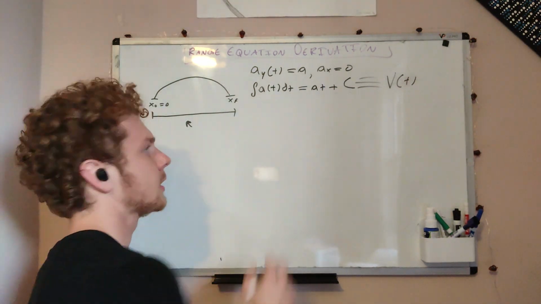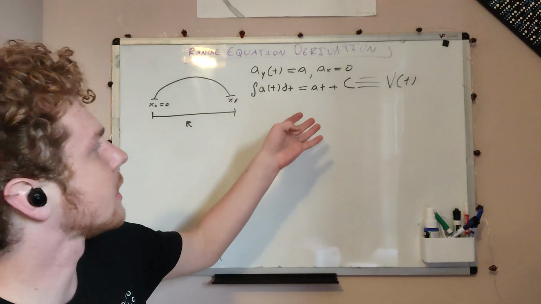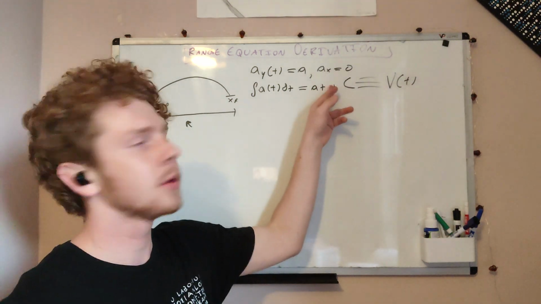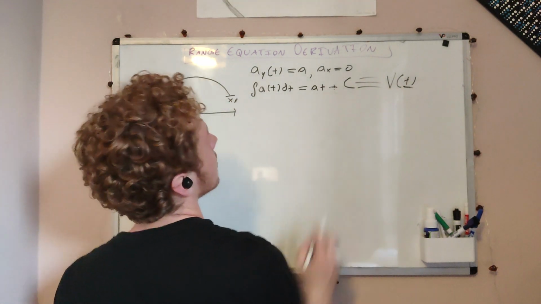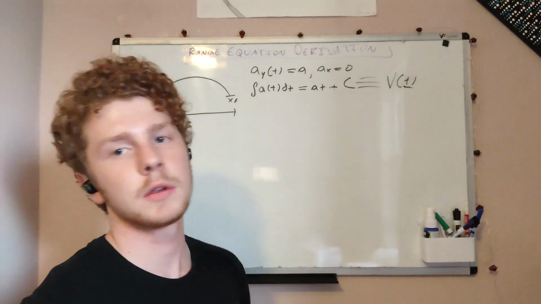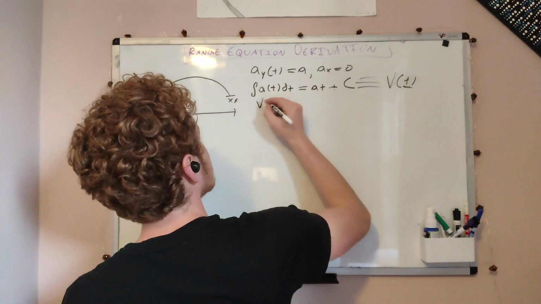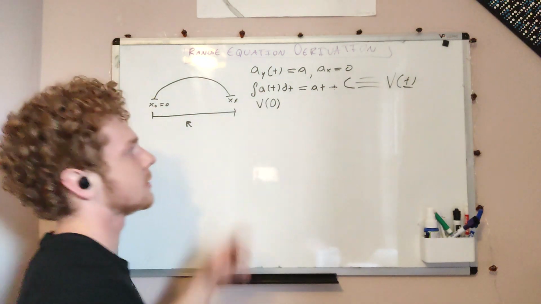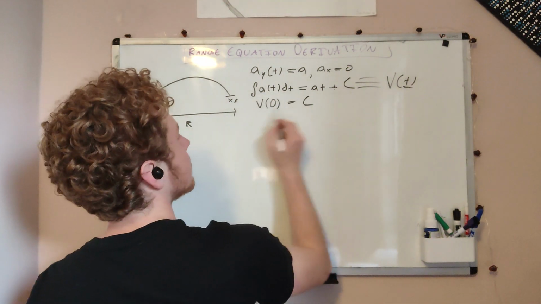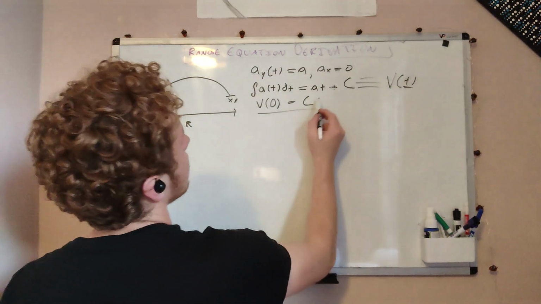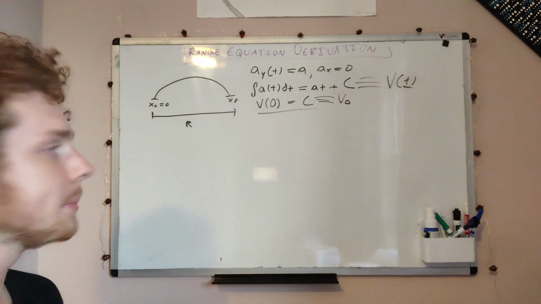And so, in order to find this constant here, we want to find the time at which this function is equal to c, and that, of course, is velocity at time 0, which equals c. So we just found c, and we're going to denote that as v subscript o, as v naught.